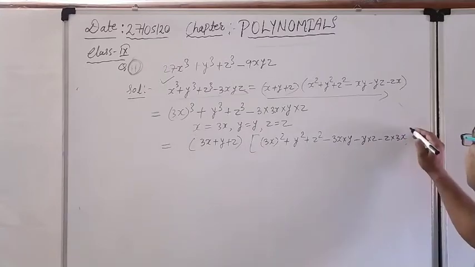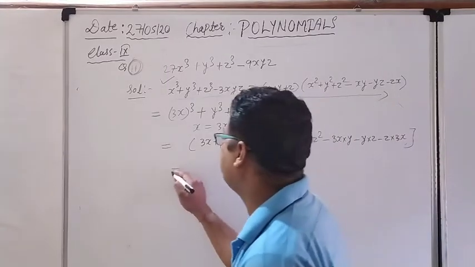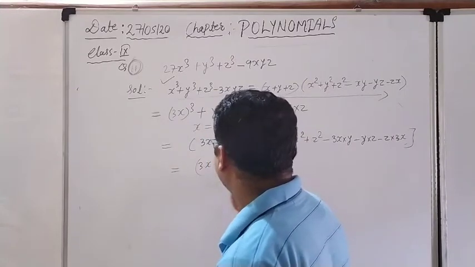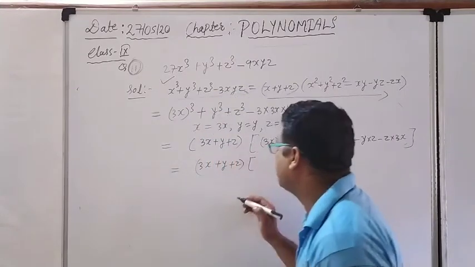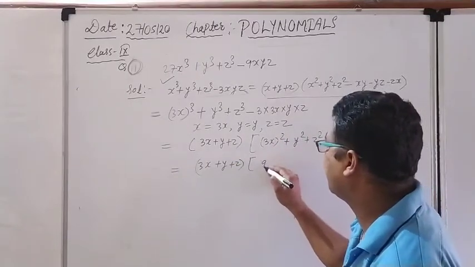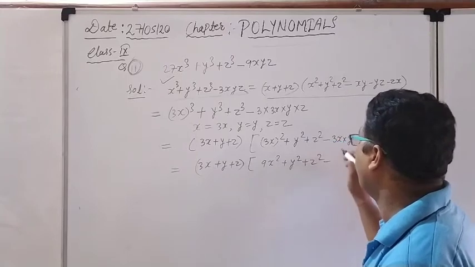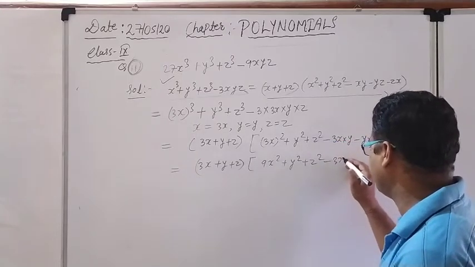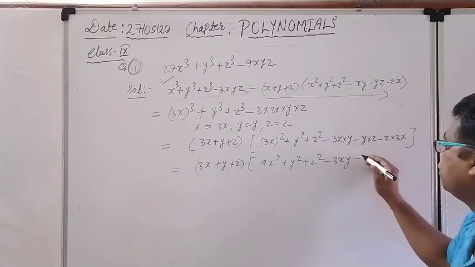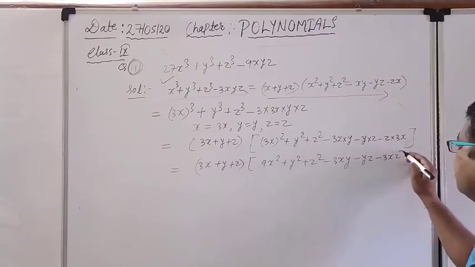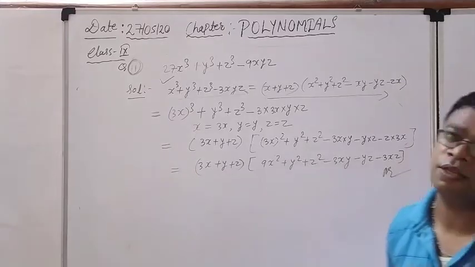This is the big bracket, and the answer is going to come as 3x plus y plus z inside one bracket, and after that 3x whole square means 9x square plus y square plus z square, same thing, minus 3x into y means minus 3xy, minus y into z means yz, minus z into 3x means 3xz. So this is going to be your answer, nothing else.